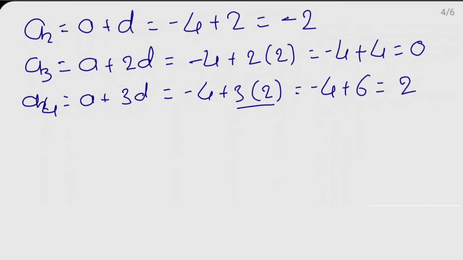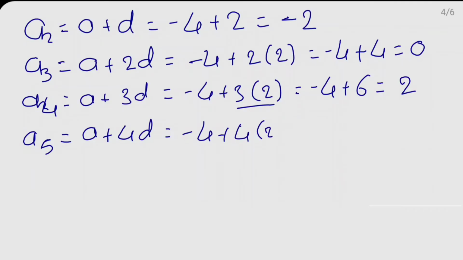And now a5 equals a plus 4d. So a is minus 4 plus 4, d is 2. So now minus 4 plus 4 into 2 is 8. So here minus 4 plus 8 is 4. So write down the conclusion here.